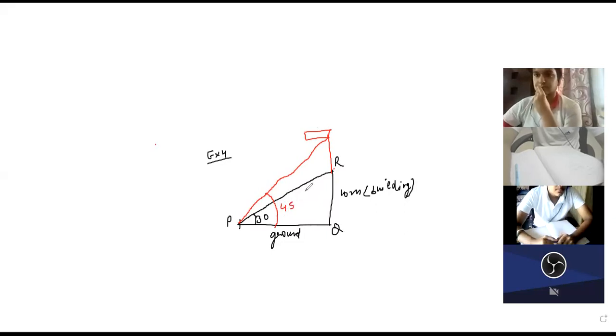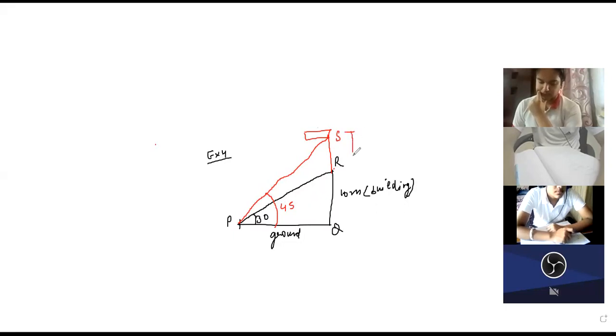Initially it was 30, because the flag goes above. So this is PQ, let it be R, let it be S. This is the height of the flag and this is the height of the building. So 10 meters is the height. Find the length of the flag and the distance of the building from the point P. So one is this D to find, and let it be X, and we also have to find X.